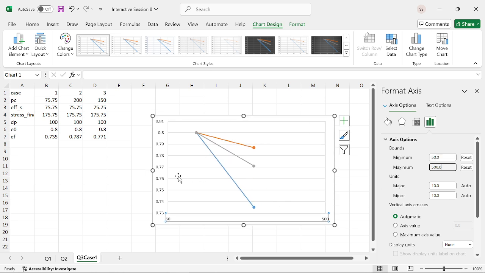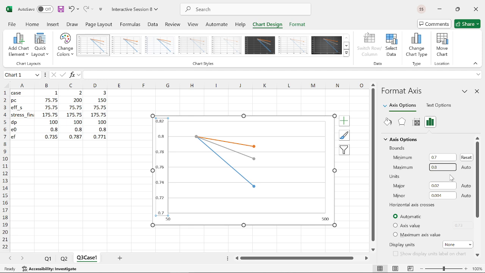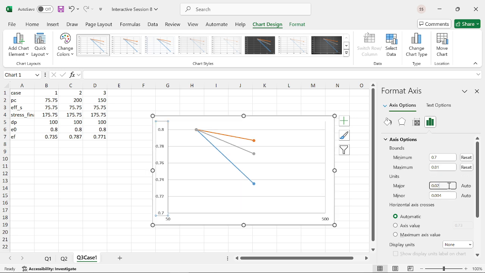Okay, and this, let's go from 0.7 to 0.81.